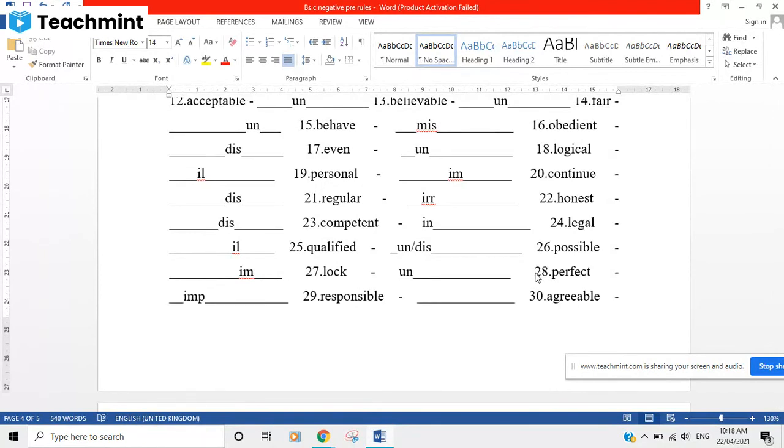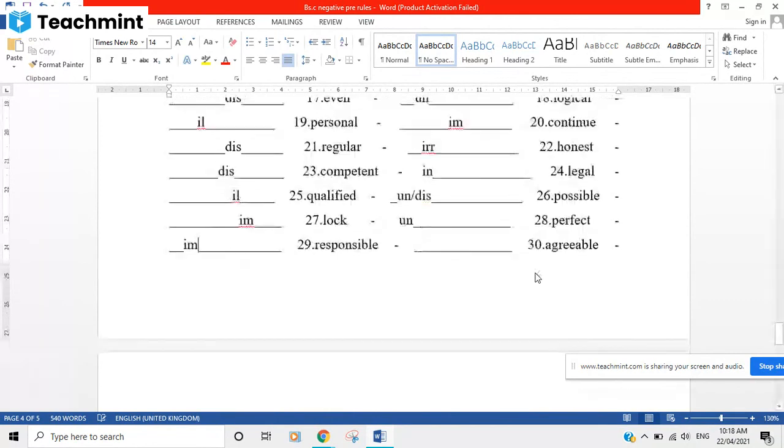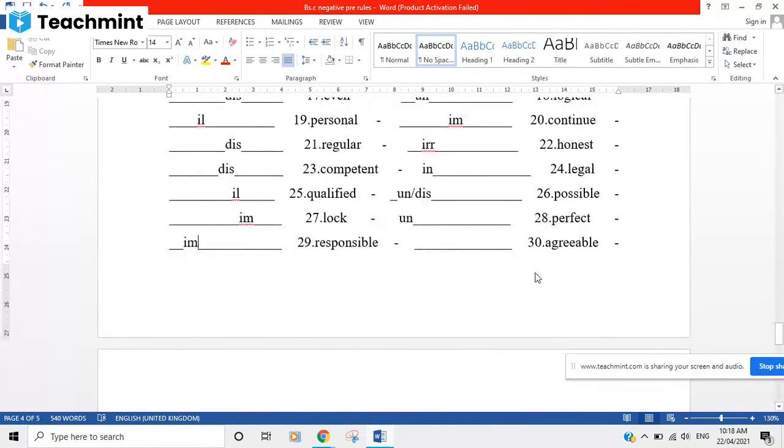Shraddha, Sahil, where are you? Nadia, Roshni, do you know the syllabus of English? Why? I think in my first lecture I told you.